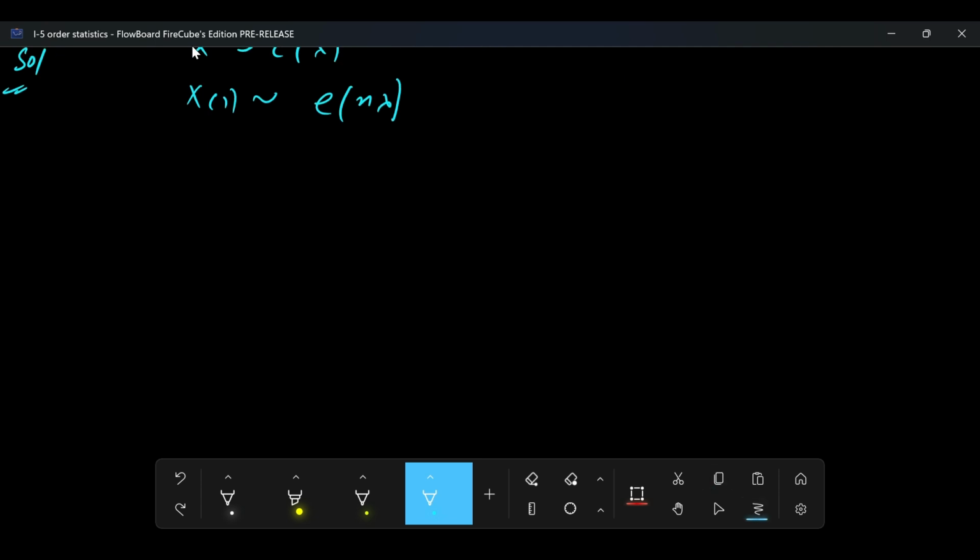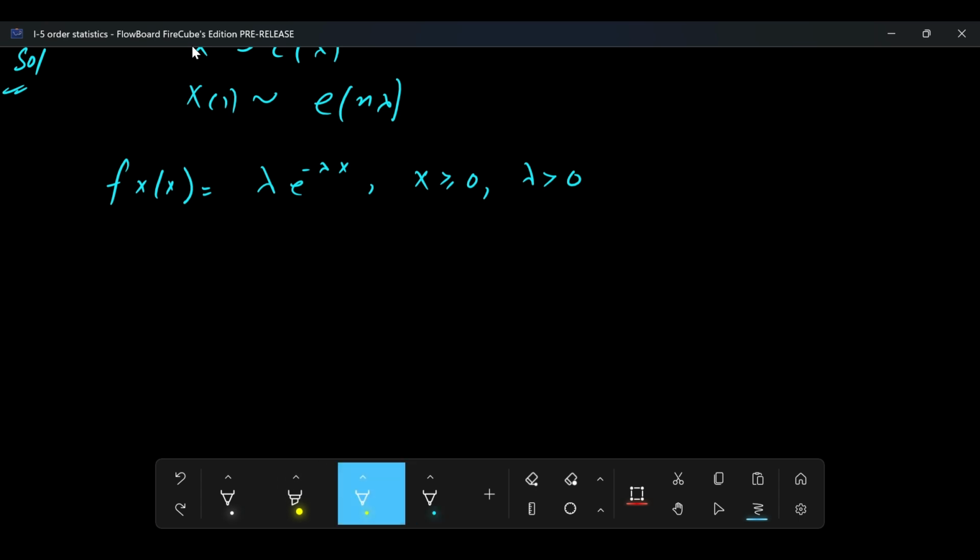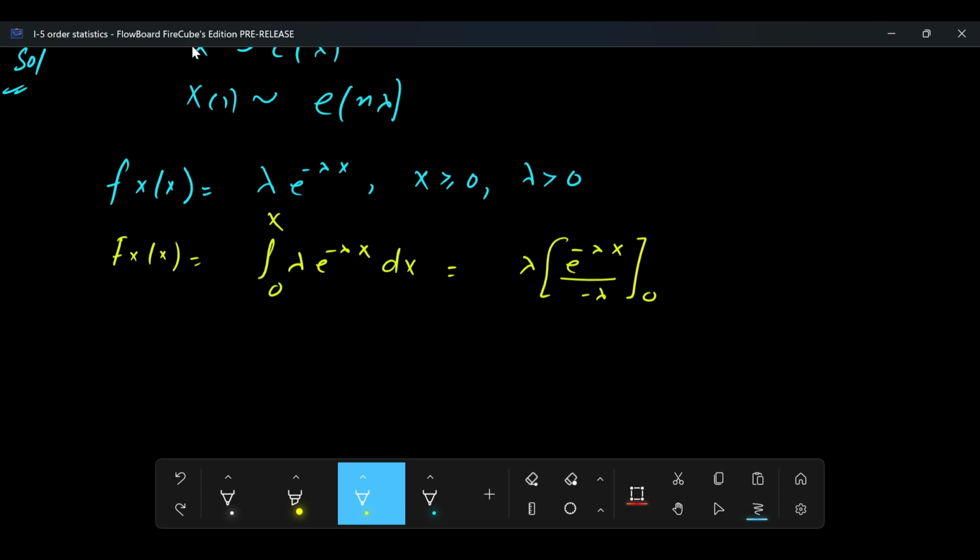So see, first we write the PDF of exponential distribution, that's lambda e minus lambda x, where x is greater or equal to 0 and lambda is greater than 0. Now, what's the CDF? That is the integral from 0 to x of lambda e minus lambda x dx, which is equal to lambda e raised power minus lambda x divided by minus lambda, from 0 to x.